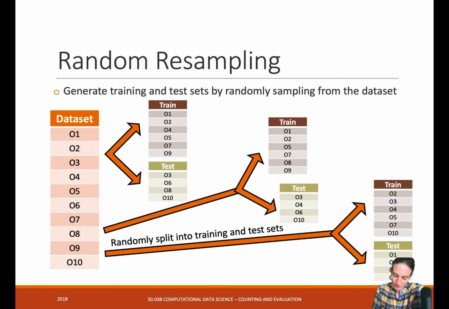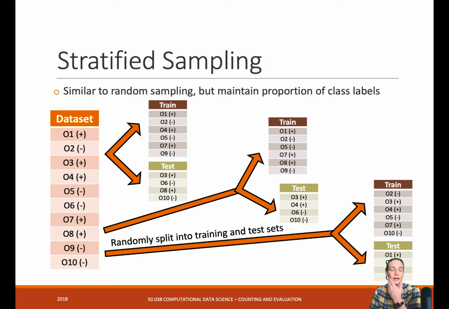We learn a model and test the model, learn another model, test the model, and we do it multiple times, and then we take the average of these results. In random sampling, we just randomly sample from the data set. In stratified sampling, we maintain the proportion of class labels.